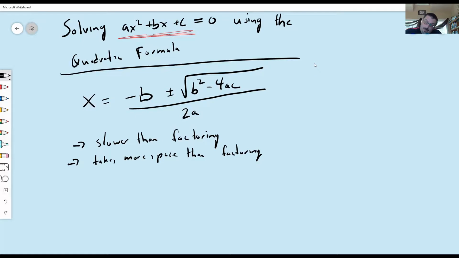That said, most people think it's easier than completing the square.